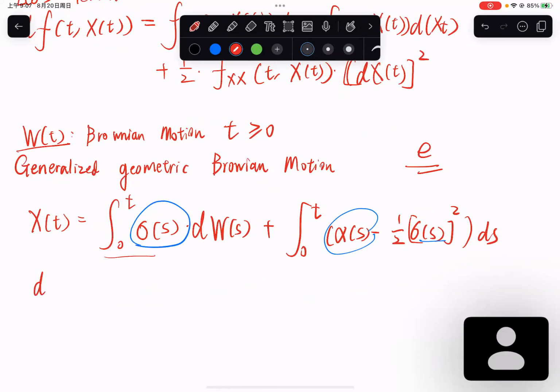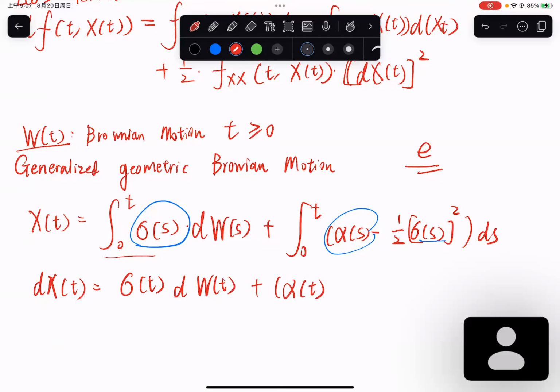We can find dX_t, removing those two integrals, which is sigma_t dW_t plus alpha_t minus 1/2 sigma_t squared dt.